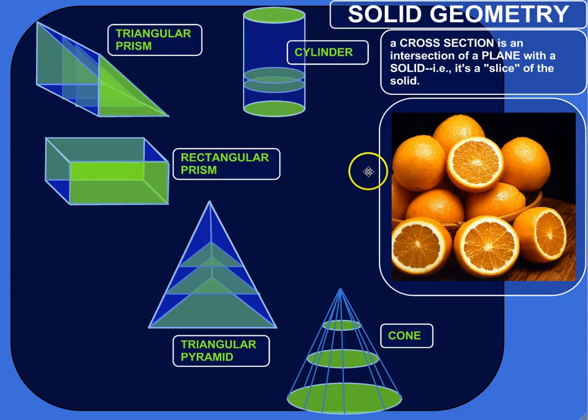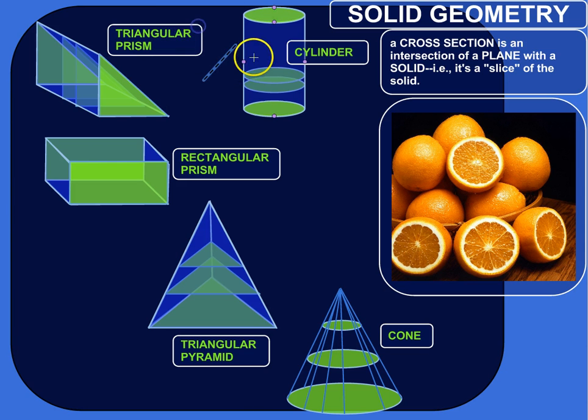So let's talk about what kind of cross sections you could get with different kinds of solids, if you cut up different kinds of solids into slices. Let's start with a cylinder, and I've got a couple slices here. I'm going to draw these planes here.